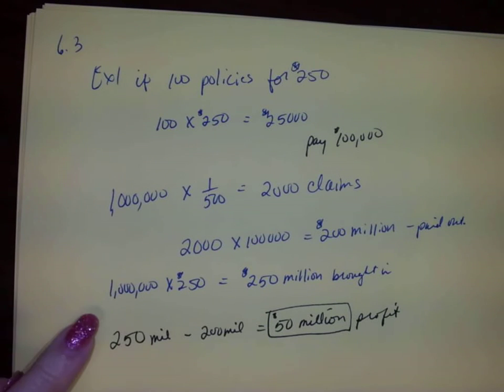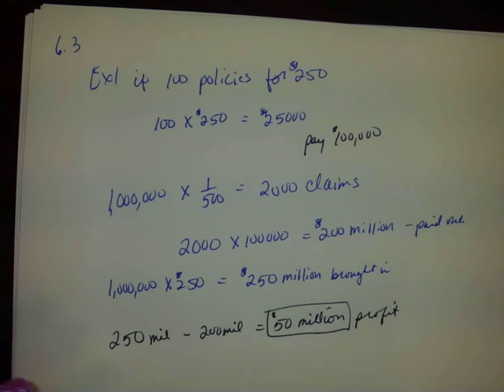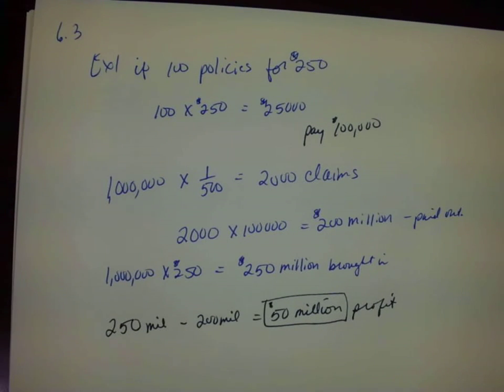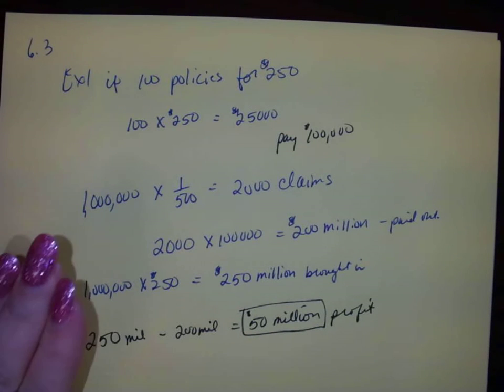But that's why they have to sell so many policies. Now, it's 1 in 500. It could give or take, and sometimes things happen where they get a lot more claims, like when all of a sudden everybody lost their job. Due to a severe illness is what the example was on this one.